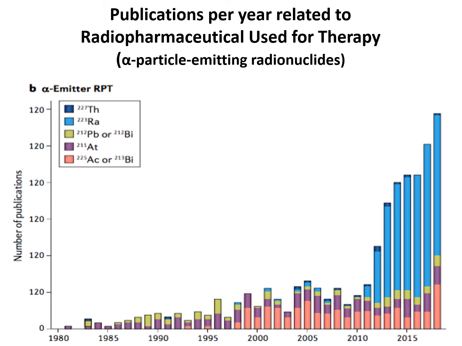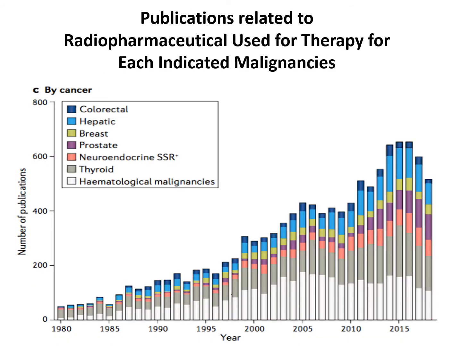The alpha particle emitters introduced and used for radiopharmaceutical therapy over the last 40 years include astatine-211, bismuth-212, lead-212, bismuth-213, actinium-225, as well as radium-223 and also thorium-227.